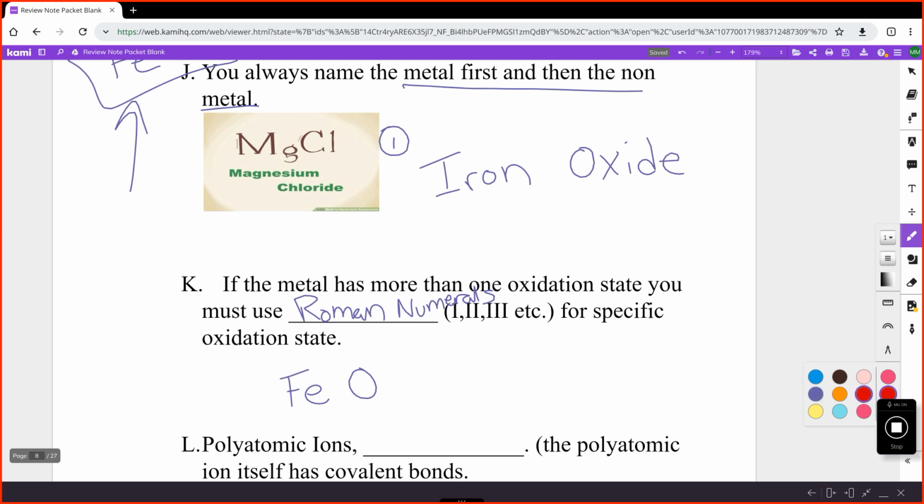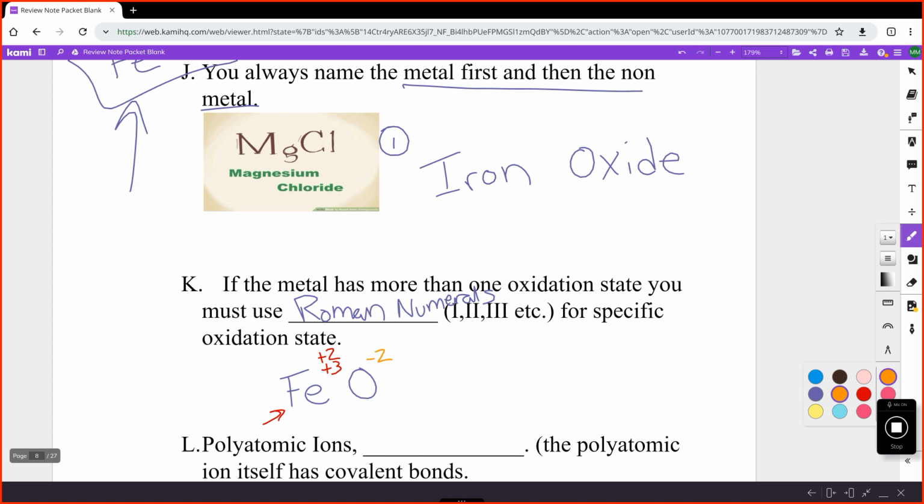Well, according to science, iron could be a +2, and it could be a +3. Those are the options that it can be. In this particular molecule, it is one of those specifically, and we would have to be able to figure that out by looking over at the nonmetal it's bonded to.